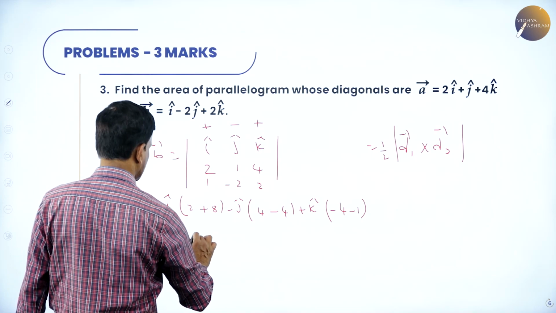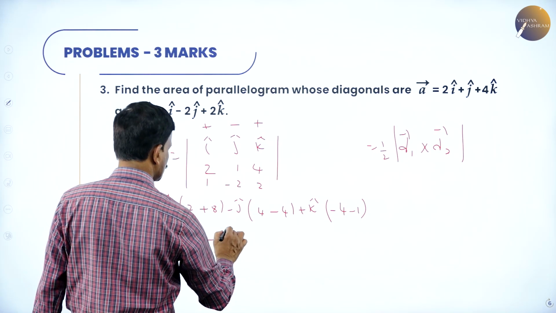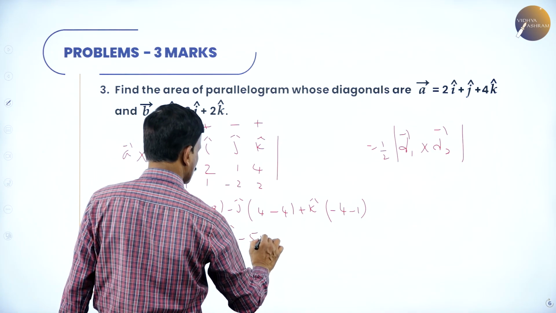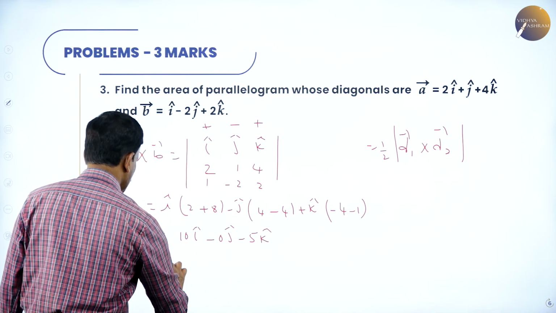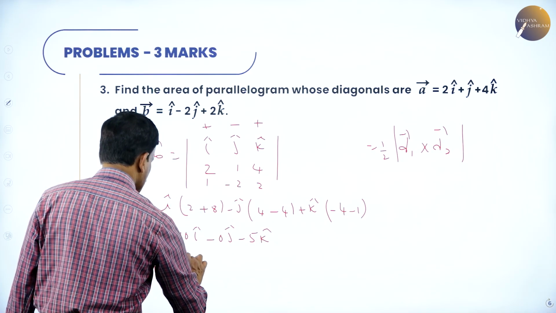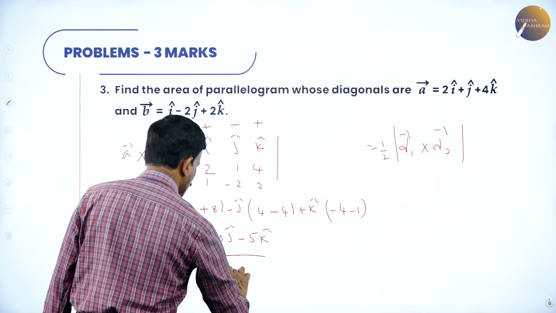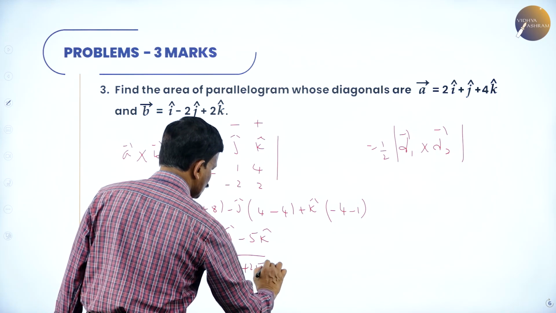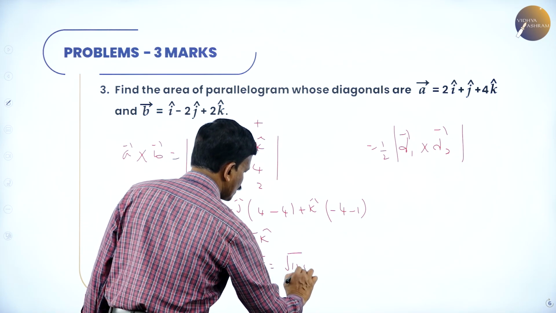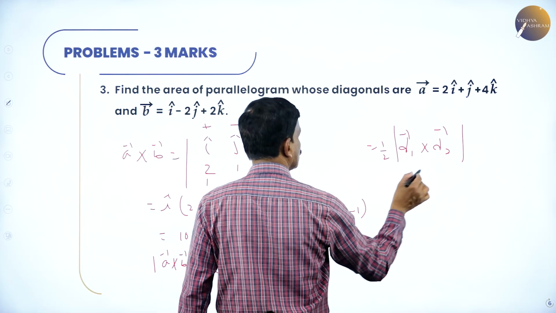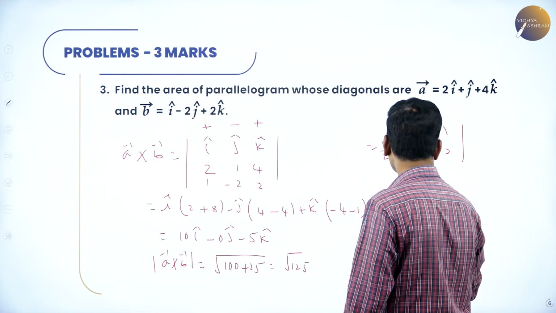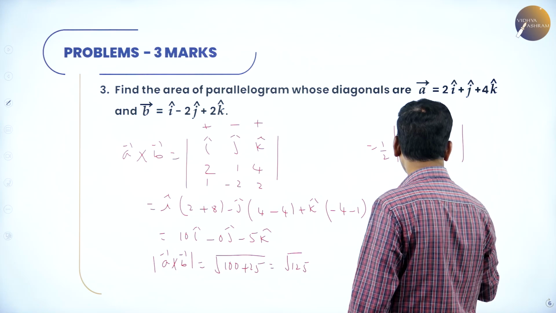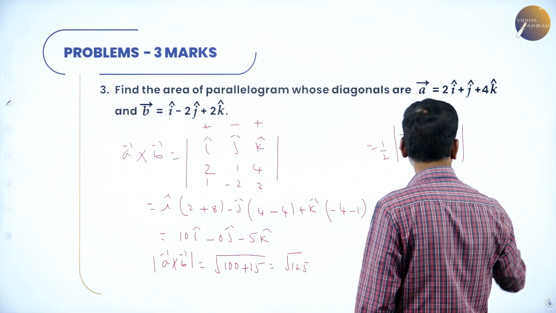So this is 10i minus 0j minus 5k. Now the length of A cross B is equal to root of 10 square is 100, 5 square is 25, root 125.